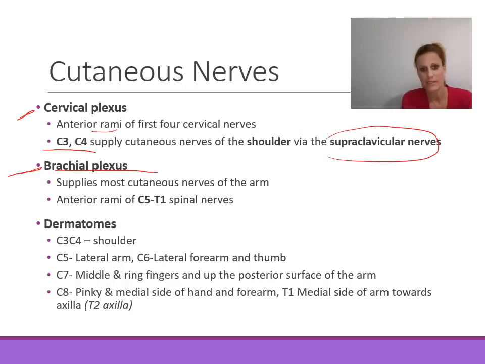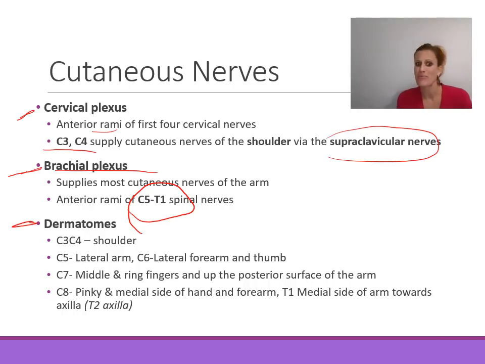The brachial plexus is formed by the anterior rami of C5 through T1. So C5, 6, 7, and 8, and T1. Each nerve serves a specific region of the arm, and the area that's served by one spinal nerve is referred to as a dermatome.